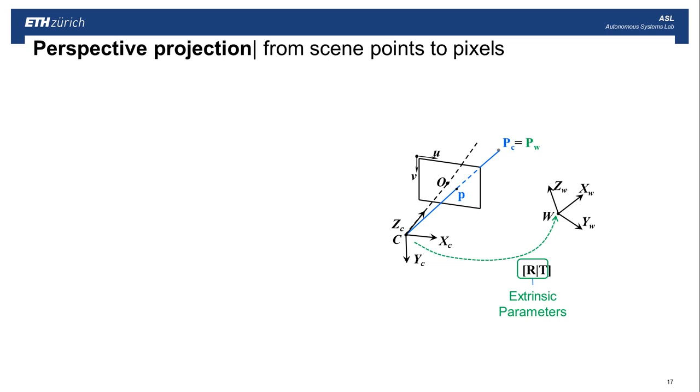Until now, we were implicitly assuming that the scene point P was referenced in the camera frame. But what if P was expressed in a separate frame? Let's denote the separate frame as our world frame. In this case, we need to take into account the rigid body transformation between the world frame and the camera frame, which is described by a rotation R and a translation T. The relation between a world reference point and the camera reference point is described by this equation.